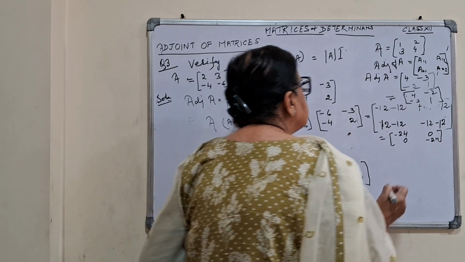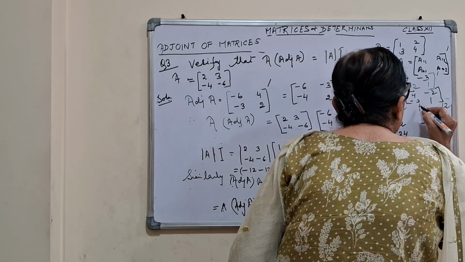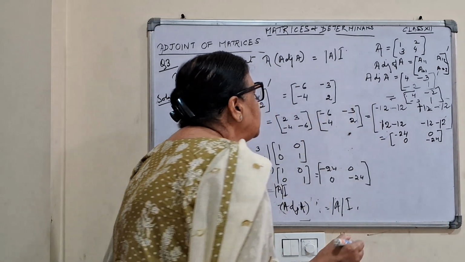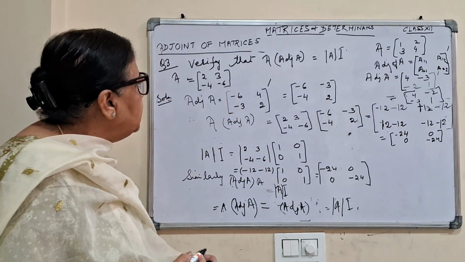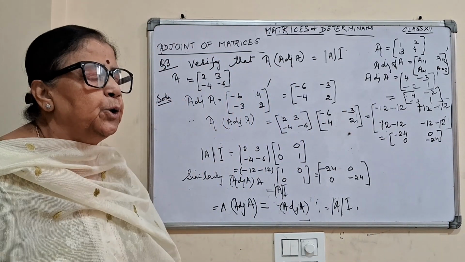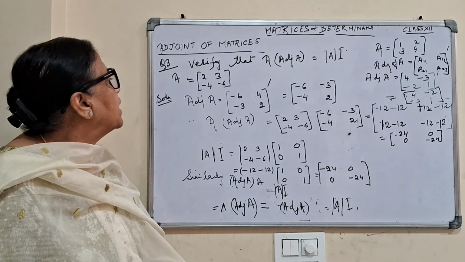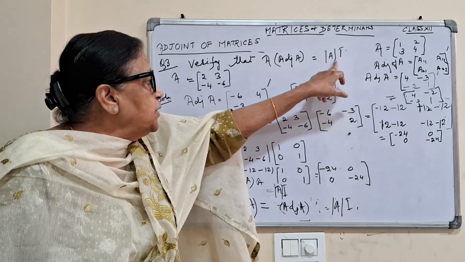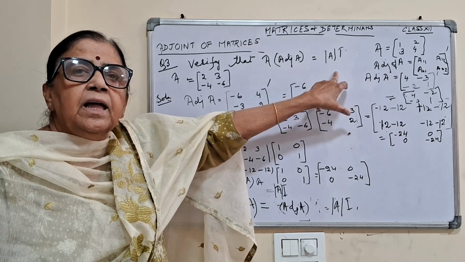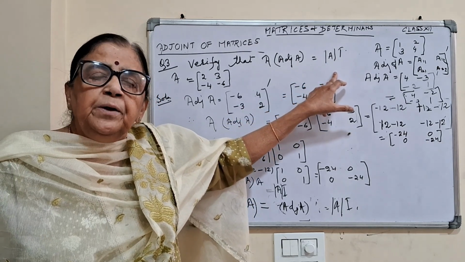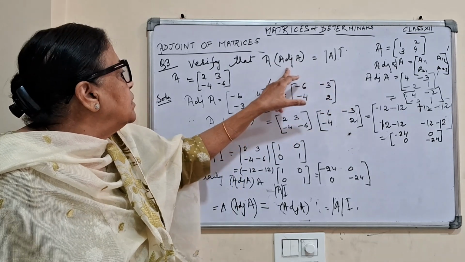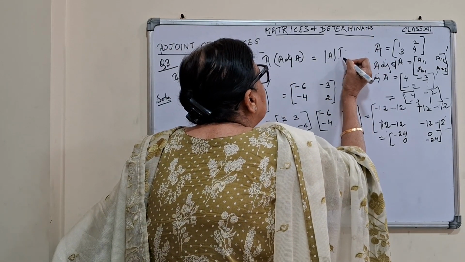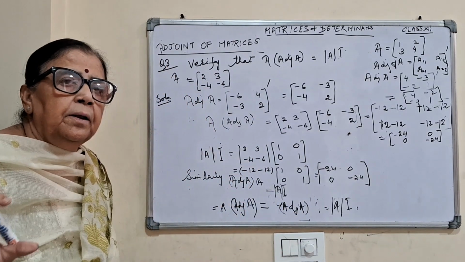Now my question is: verify that A into adjoint A is equal to determinant of A into I. I is the unit matrix of order 2, which will be 1, 0, 0, 1.